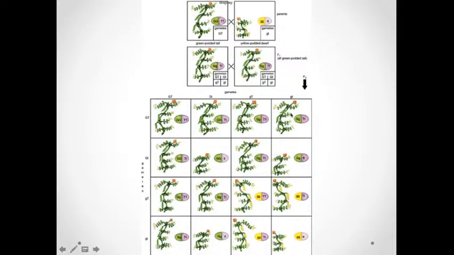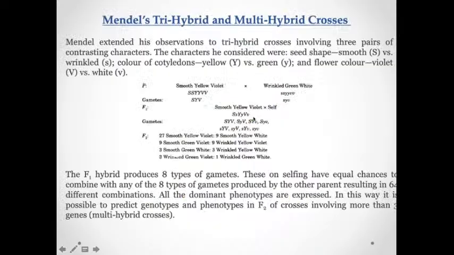So here is an example of your dihybrid cross, GGTT and ggtt, and then you have the F1 generation, capital G small g, capital T small t. Then you have the gametes, GT, Gt, gT and gt. And then you make a cross, and this is how it looks. You have a different kind of production in F2.